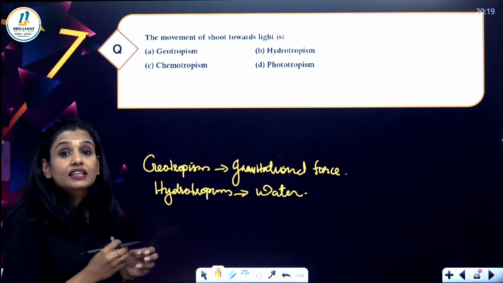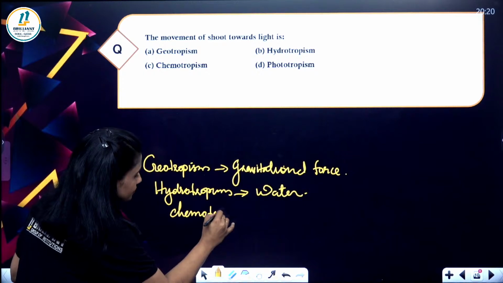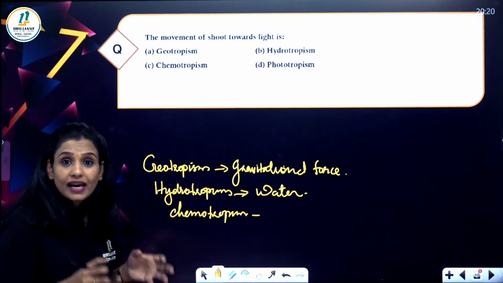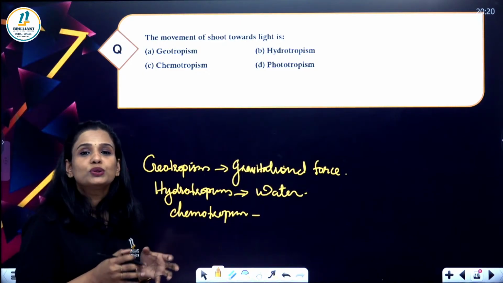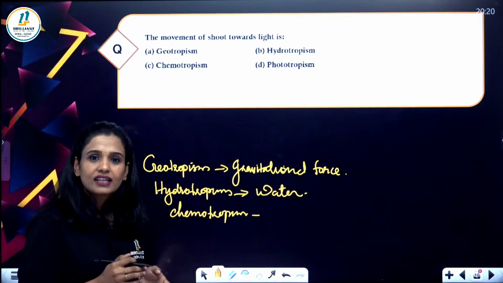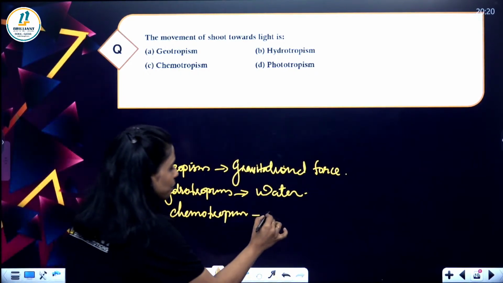Third one, that is chemotropism. Chemotropism is the movement of plant parts in response to certain chemicals.